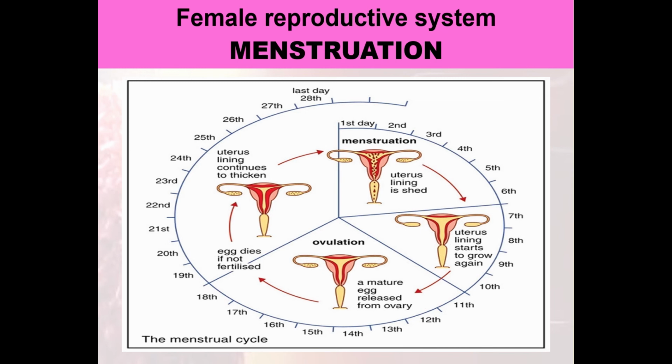If there are no sperms, then no fertilization, and sometimes sperms are there, but even in that case there is no guarantee that fertilization will occur. So in any case, if there is no fertilization, then this egg is going to die.